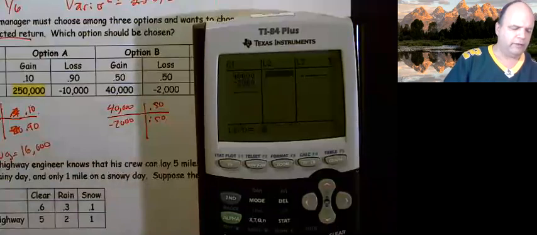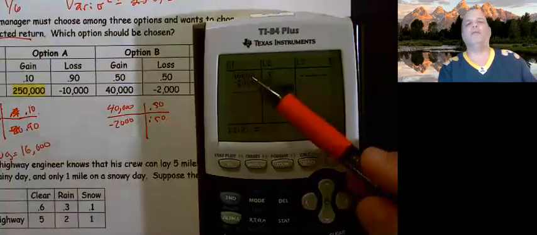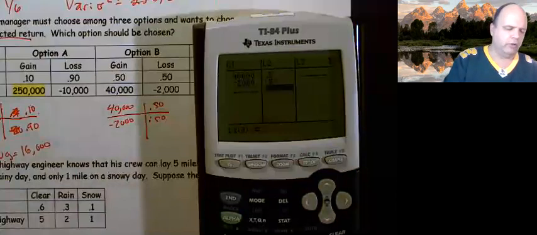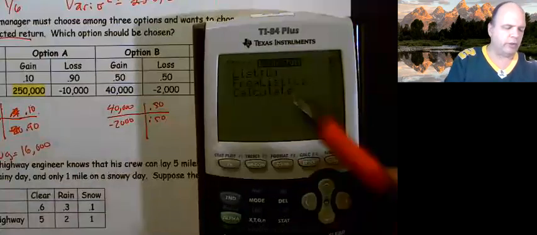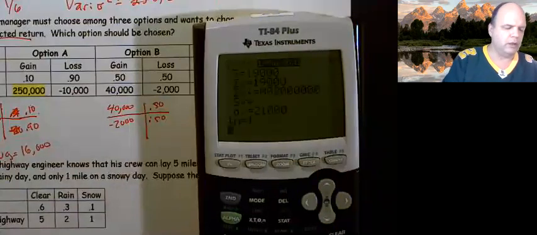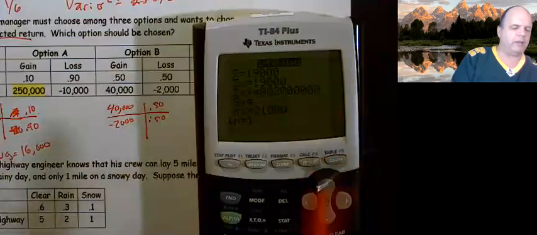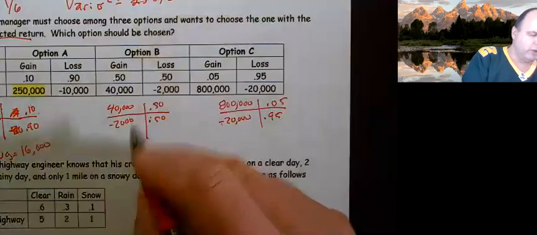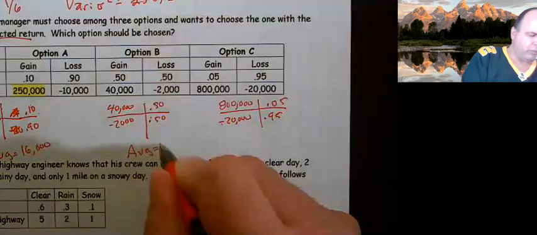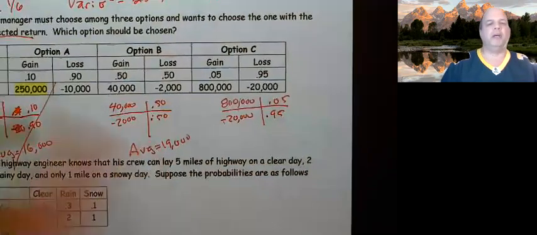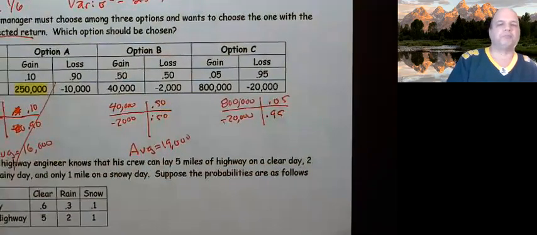So 0.5 and 0.5. So 50% of the time we win 40,000, 50% of the time we lose 2,000. Stat, calc, one variable statistics. Once again, making sure we have L1 and L2. In this case, we expect to get 19,000. So we know B is better than A.